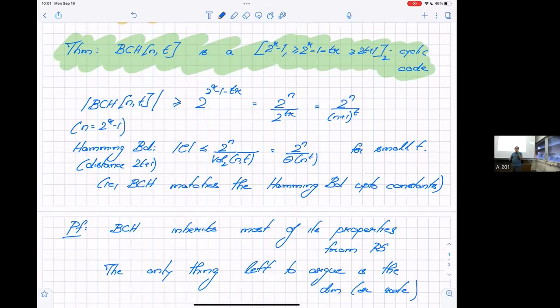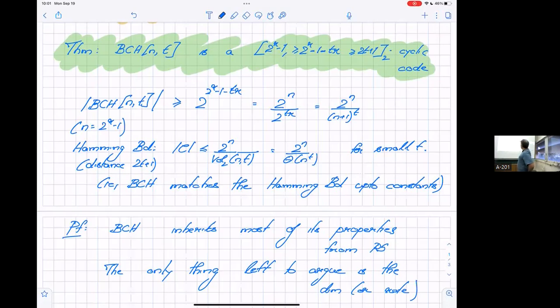But we are asking whether there are several more polynomials, and what that theorem is saying is that there are lots of such polynomials. The way we try to understand this, we have almost all the tools to address this.